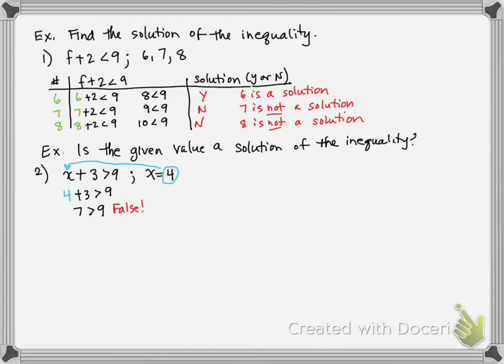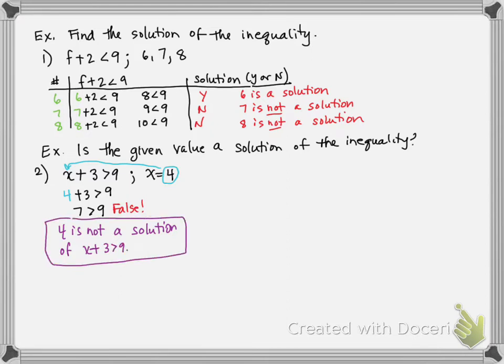Okay, so if that's false, then here's our conclusion. 4 is not a solution of x plus 3 is greater than 9. If it's false, it's not a solution.